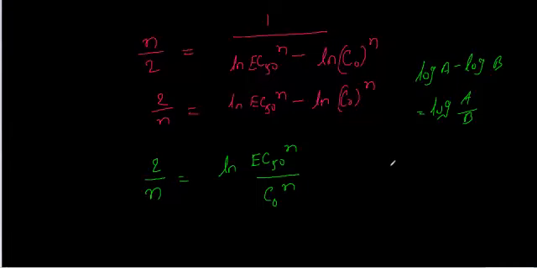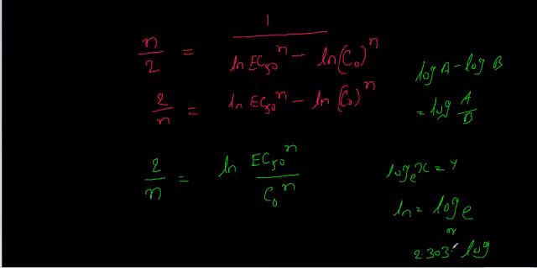Now, what is log base e of x? It's equal to y, and ln is nothing but log base e. So you remember this, natural log is nothing but log base e, or 2.303 times log, one and the same.